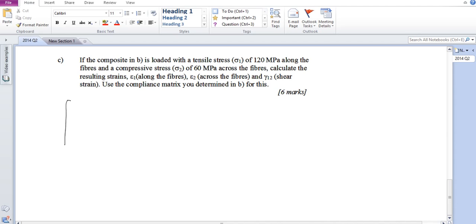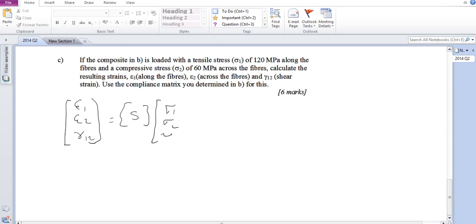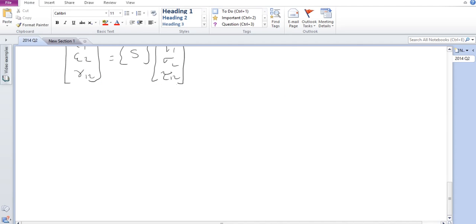The compliance matrix, again, is in the formula sheet. It relates the strains in the 1 direction, the 2 direction and the shear strain to, via our S matrix, not expanded out, the stresses in the 1 direction, the 2 direction and the shear stress. We've got all the terms, so we can just use that to work things out.